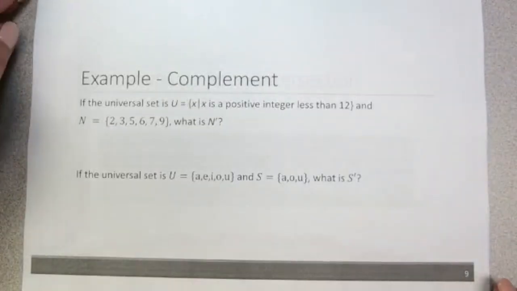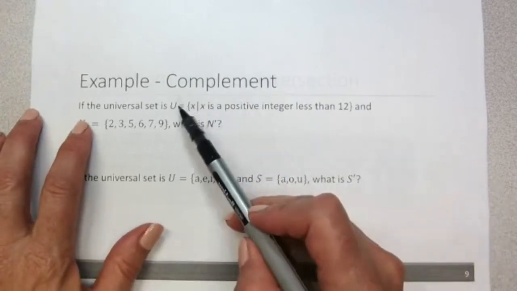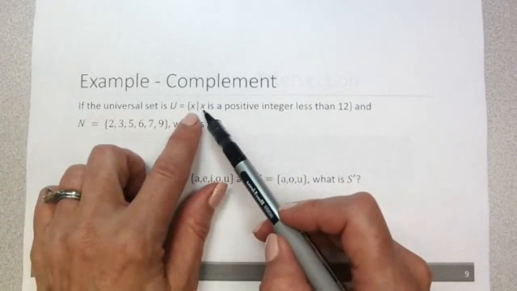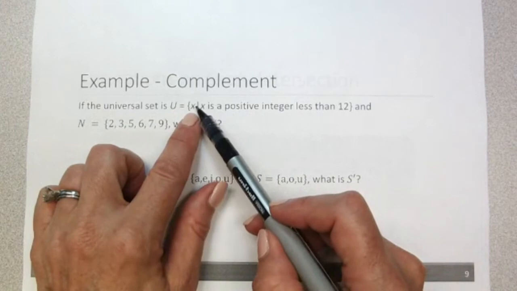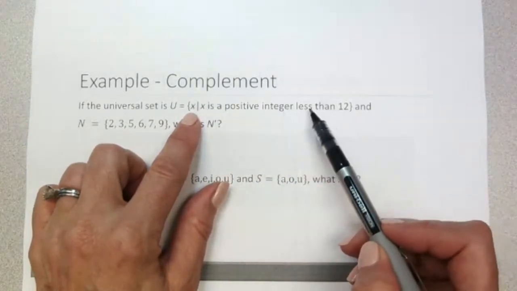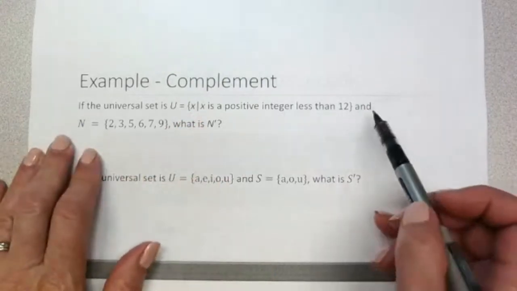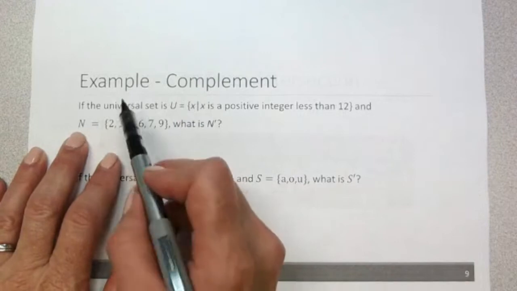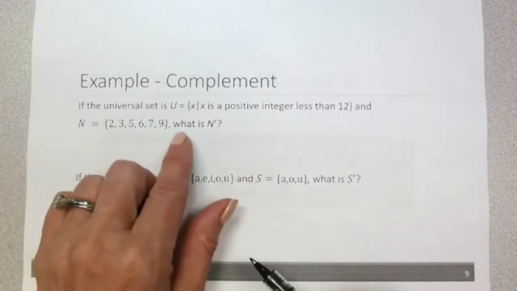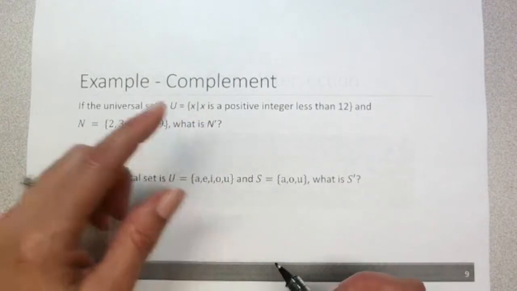Let's look at some examples of finding the complement of a set. If the universal set, we'll call it U, is defined as the set of all x such that x is a positive integer less than 12, and set N is defined as 2, 3, 5, 6, 7, and 9, what is N prime, or the complement of N?